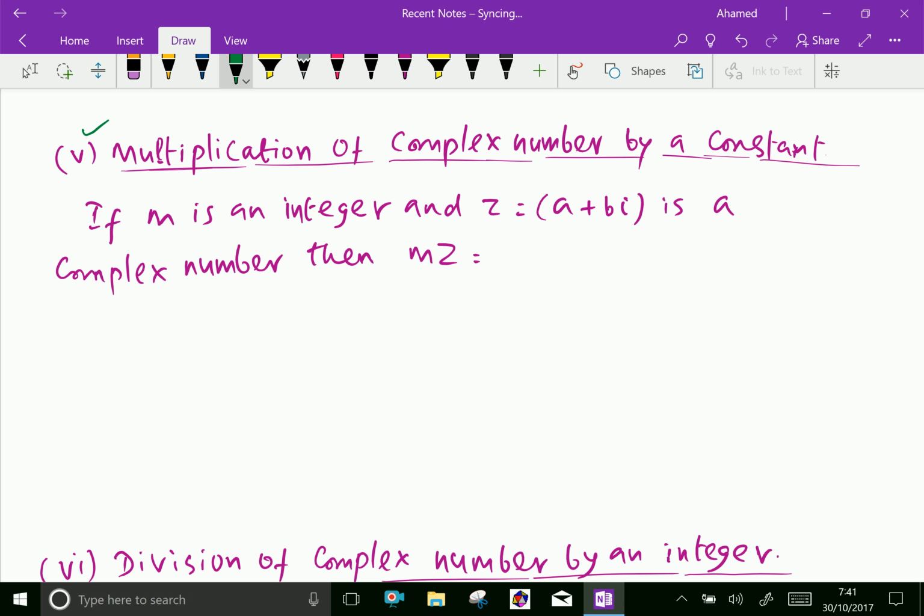Next one, multiplication of a complex number by a constant. If m is an integer and z equals a plus bi is a complex number, then m into z, meaning multiplication of an integer with a complex number, that is m into a plus bi, is equal to ma plus mbi.